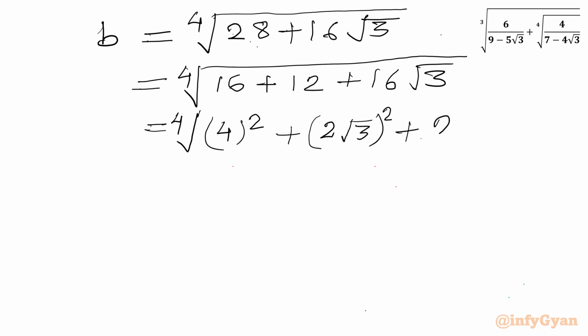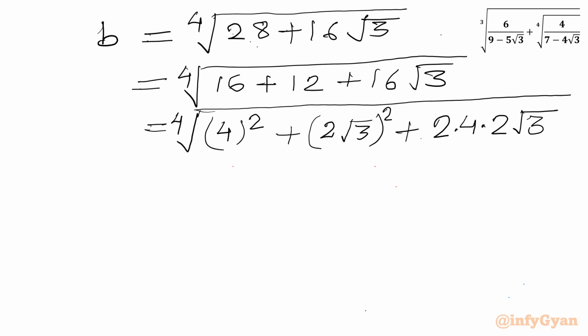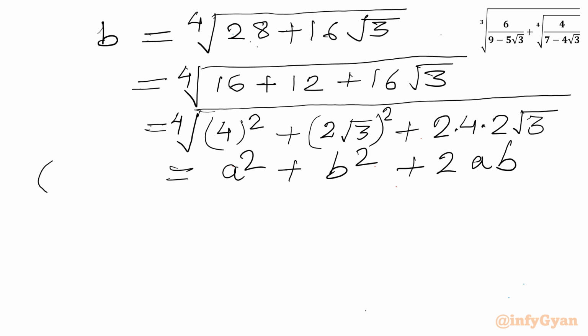And then we can write 16 root 3 as 2 times 4 times 2 root 3, which is 16 root 3. Now this is a square plus b square plus 2ab. So in this place we can write a plus b whole square.